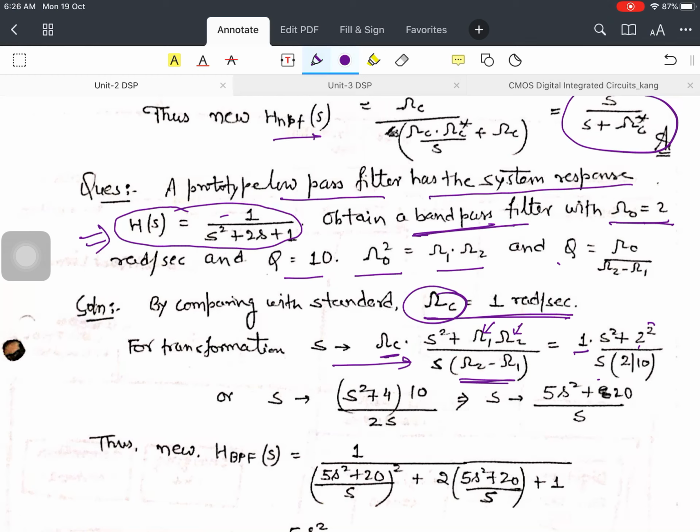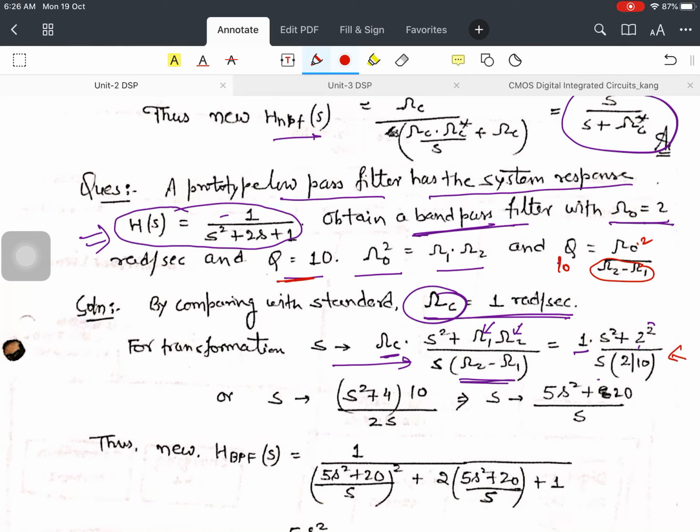We can calculate Ω2 minus Ω1 with the help of the given data, because Q equals 10, so just put Q equal to 10 over here and Ω naught equal to 2. So we know the value of Ω2 minus Ω1. Just put this value and we get this function.